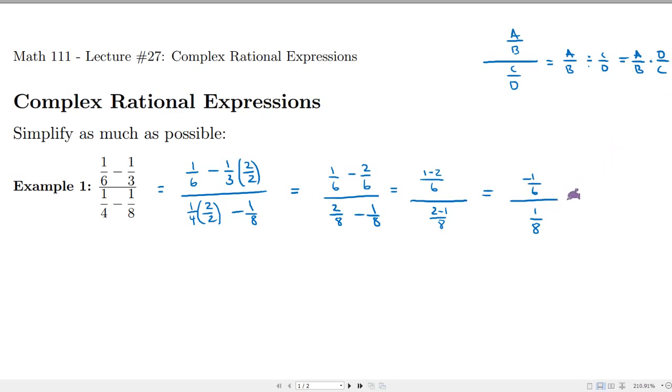So that's what we're going to do. We are going to have negative 1/6, and then we are going to multiply by the reciprocal of this. So that would be 8/1. Right, the reciprocal. So swap numerator and denominator, that's the reciprocal. So we have negative 8/6, which we have a common factor of 2, so we can reduce this a little bit as minus 4/3.